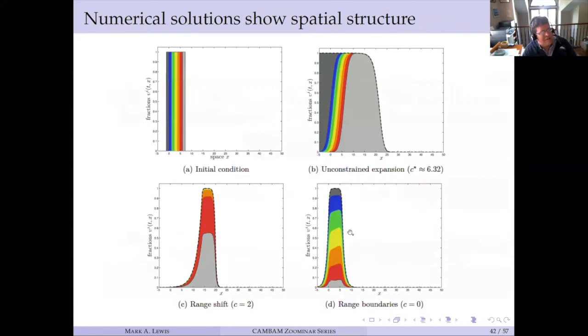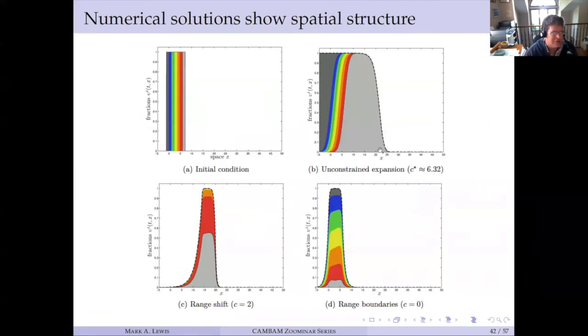Again, let's look at the computer simulations first and then try to make sense of them mathematically so we can gain some intuition. The unconstrained expansion scenario is shown in panel B, and it's very much like the previous results, where it's just the population at the leading edge which is driving the expansion.